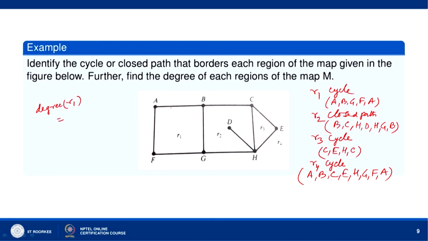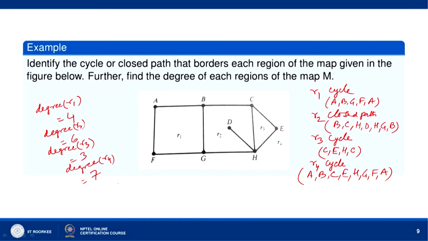Now, as regards degree: degree of R1 is 4, 1, 2, 3, 4. Degree of R2 is 1, 2, 3, 4, 5, 6. So, we have 6 because DH has to be traversed twice. Degree of R3 is 1, 2, 3, and degree of R4: AB, BC, CD, CE, so 1, 2, 3, 4, 5, 6, 7.